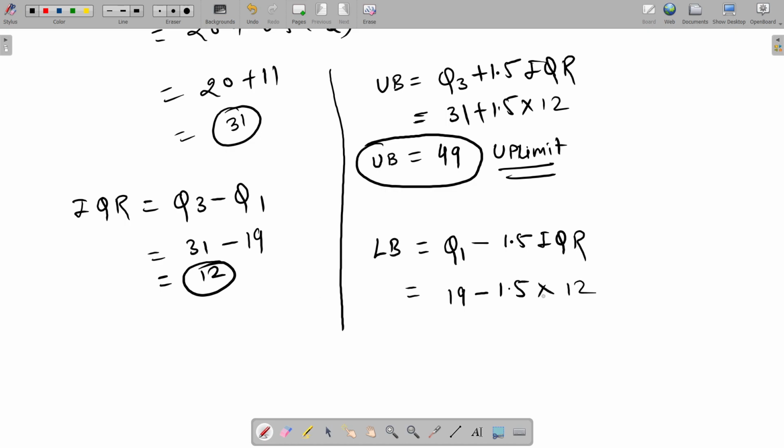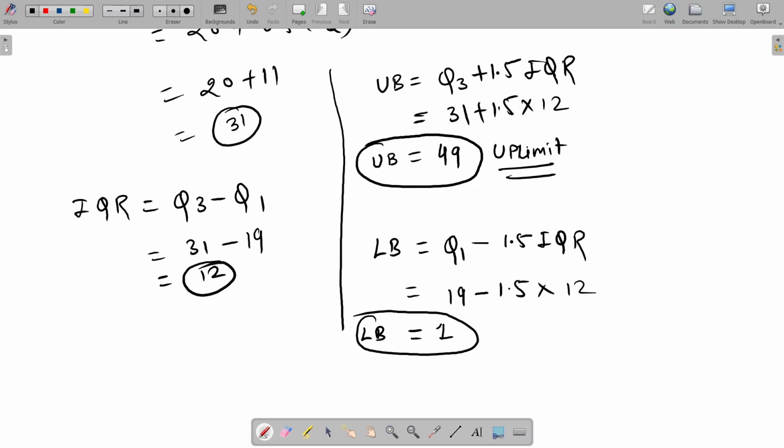IQR is 12. So 19 minus 1.5 times 12, so this will be 1. So our lower bound, or lower limit, is 1.